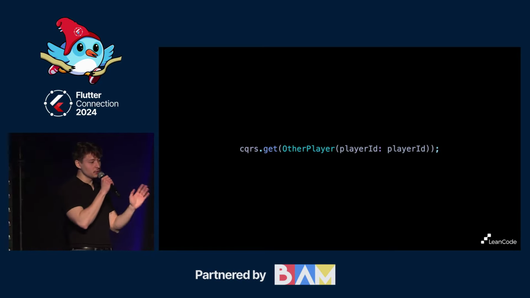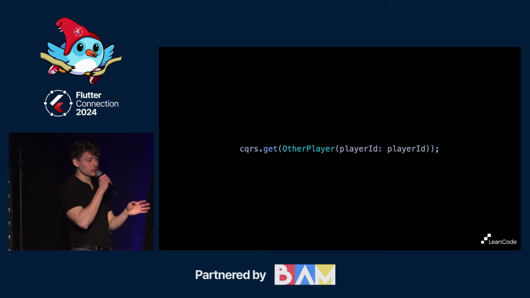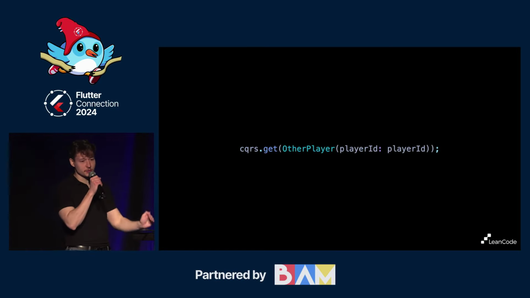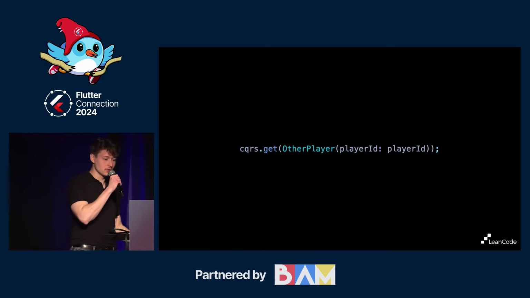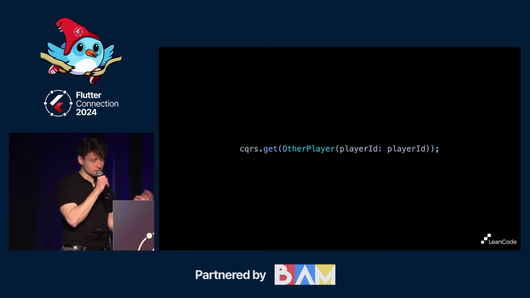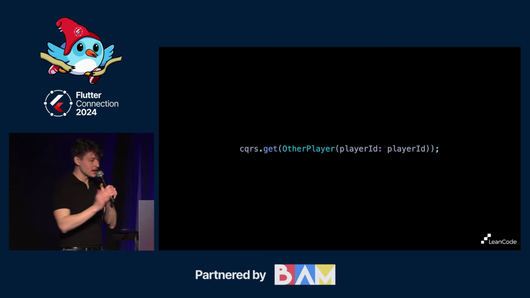If you want to get info about another player from the backend, you just want to have something like this, so that you don't think about how it's serialized, what the transport layer is, whether it is HTTP or gRPC. You don't want to think about it here. You just want to have it nicely encapsulated, and also have a contract, so that you just get other player and pass the parameter of player ID.